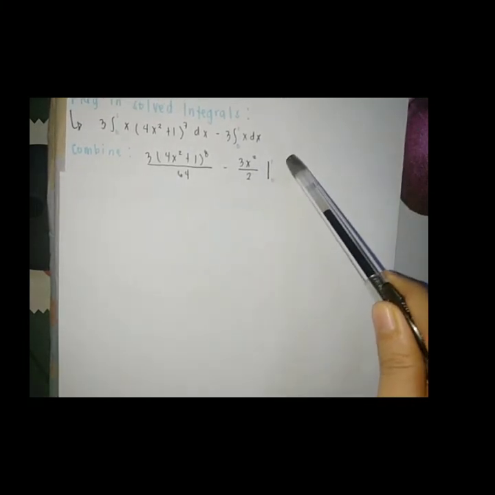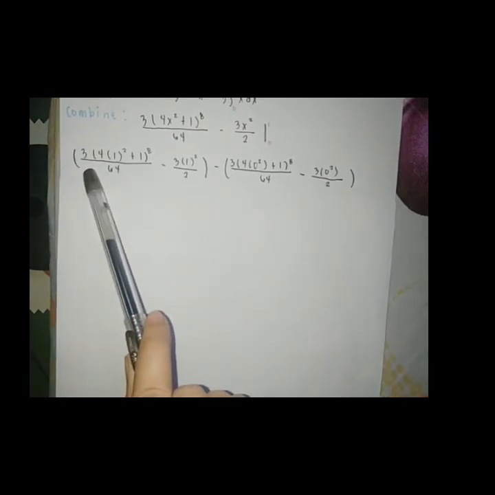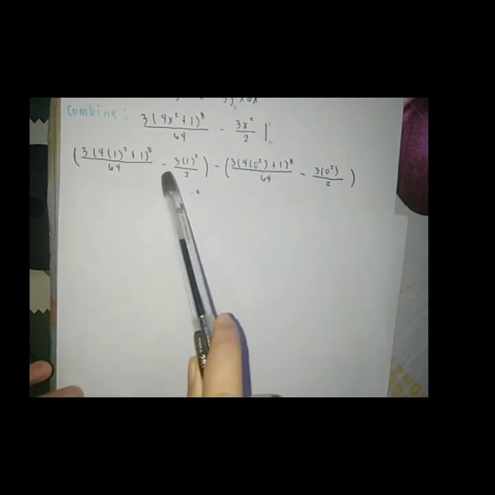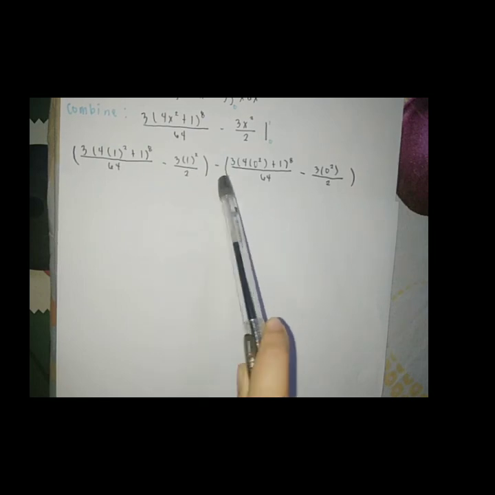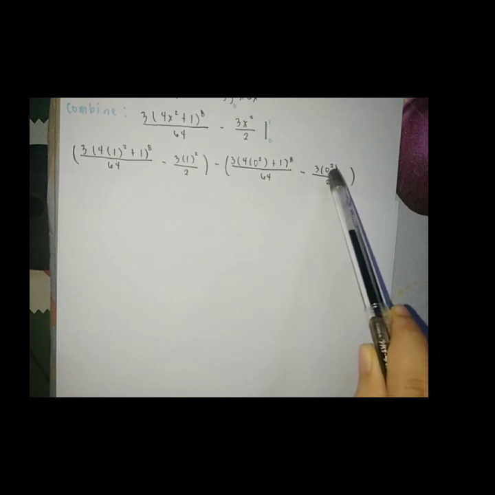Here I just apply the upper limit minus the lower limit on our variable x. So plugging in, 3 quantity 4 times 1 squared plus 1 raised to 8 over 64 minus 3 times 1 squared over 2, minus the quantity of 3 quantity 4 times 0 squared plus 1 raised to 8 over 64 minus 3 times 0 squared over 2.